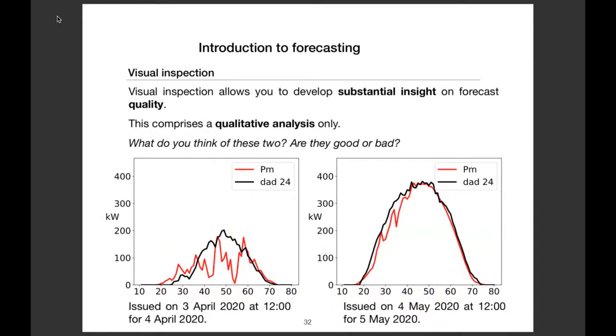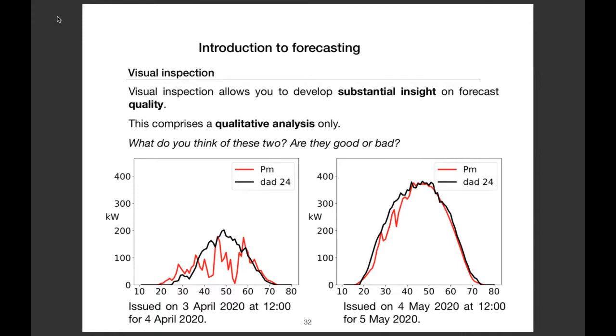Okay. So we just said that we would like to evaluate some forecasts on a validation set. It's nice, but how can we evaluate the forecast? What does evaluation mean for forecasts? It can be visual inspection.